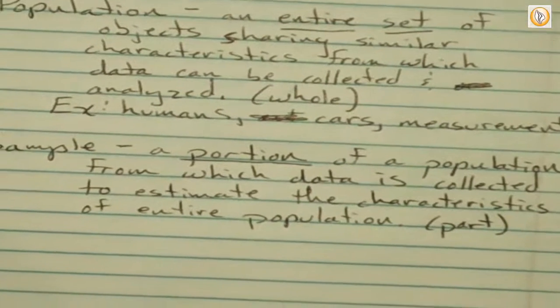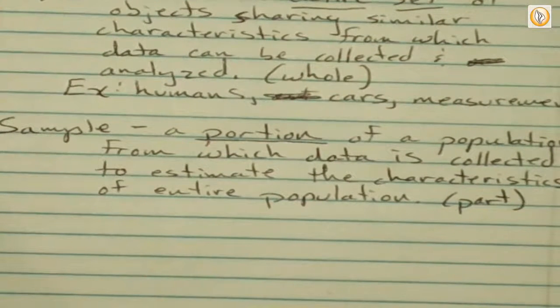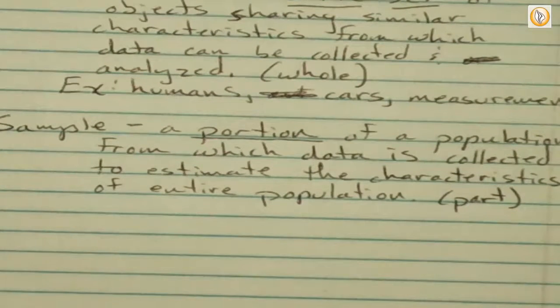So going back to broken pipes, the population would be all the humans in Pearland. The part are the people that had broken pipes. So the sample is the portion of the population from which data is collected.